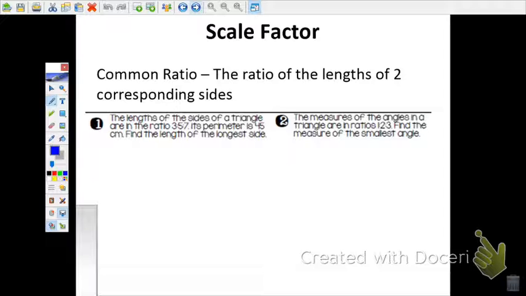So when you open up your scale factor flap, up at the top, we need to write in that definition for common ratio.